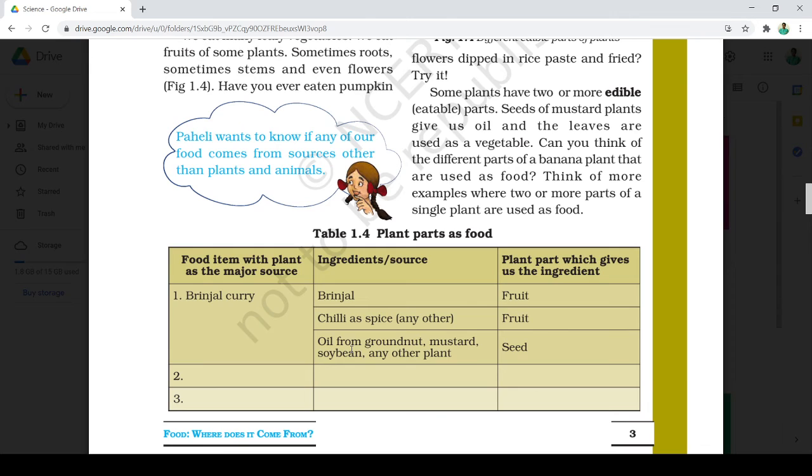So now think of more parts of a single plant which we can eat.